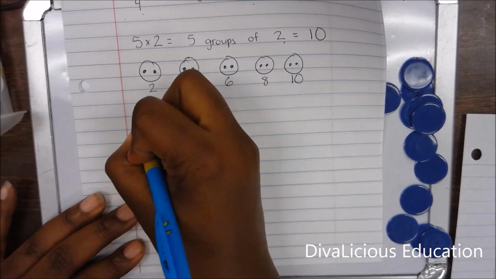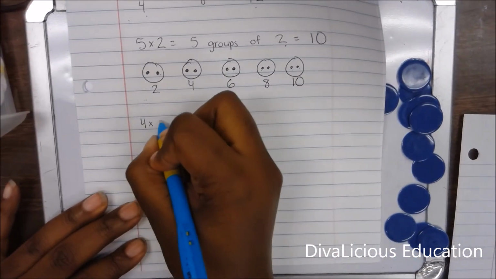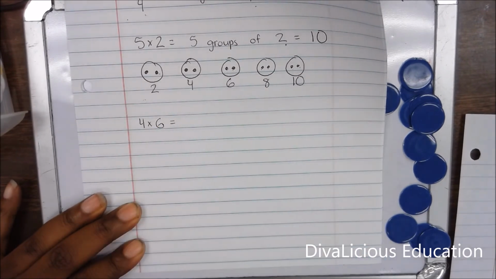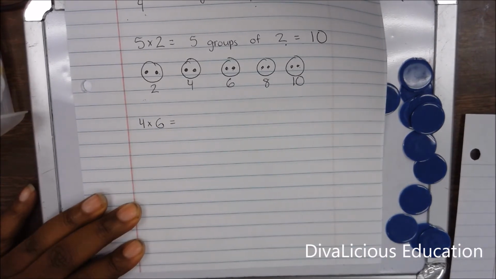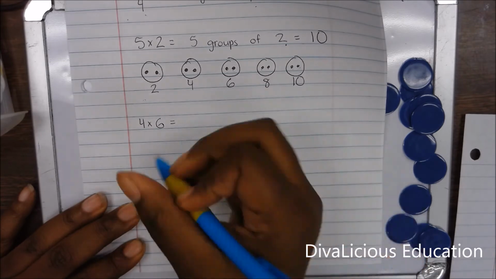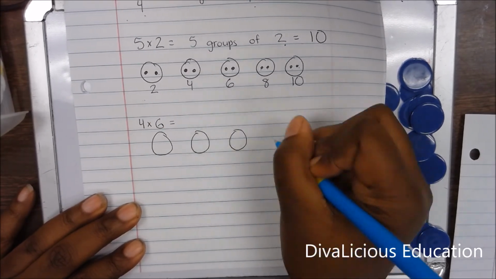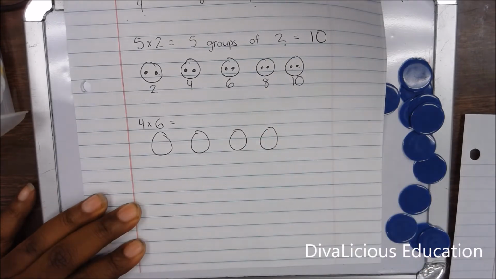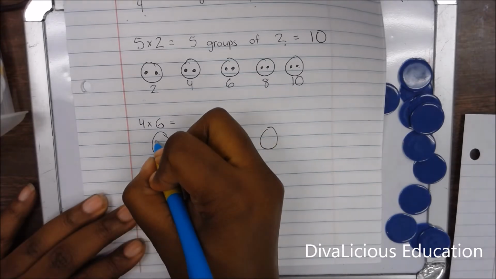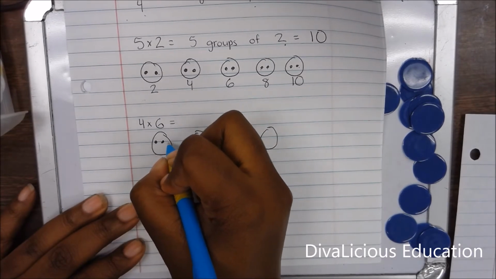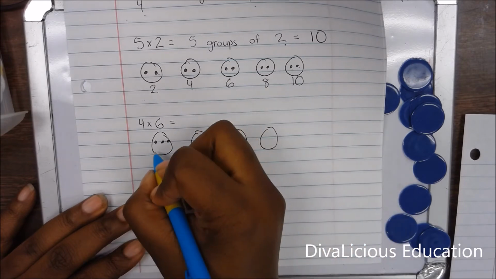Now let's give it a try with some other ones. Let's say that we want to do 4 times 6. How many groups would you draw? Great. You would need 4 groups. How many do I put in each group? Good. When I put 6 in my groups, I want to make sure that I can clearly see that I have 6.